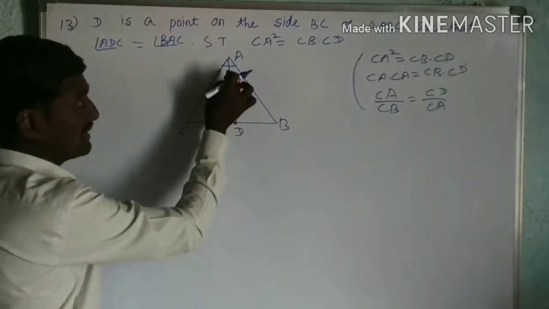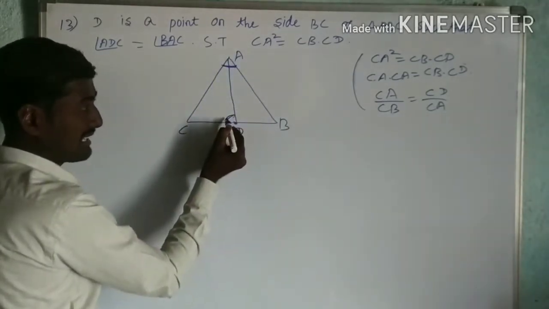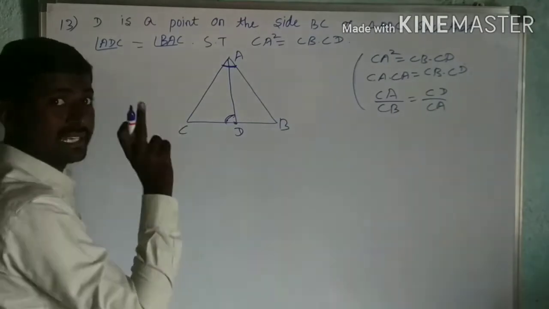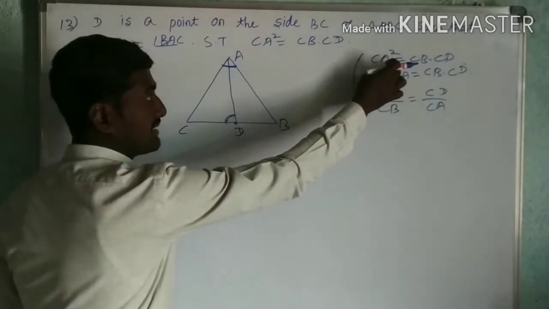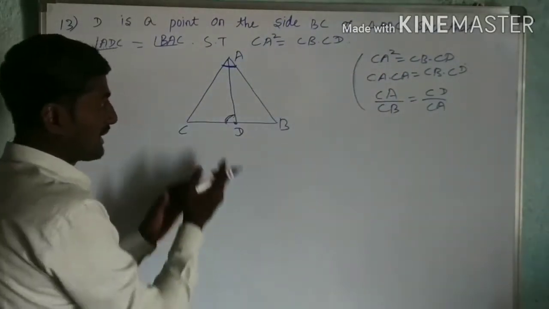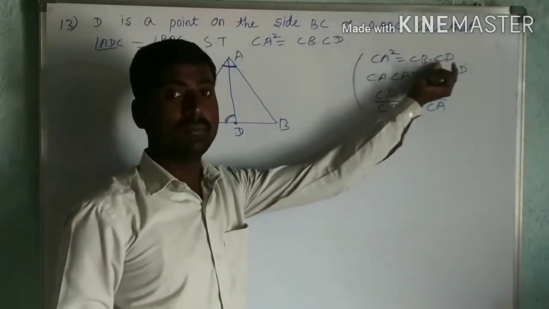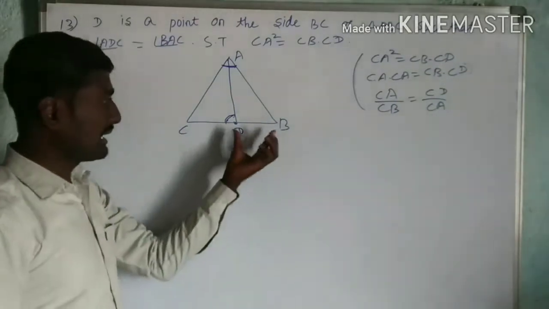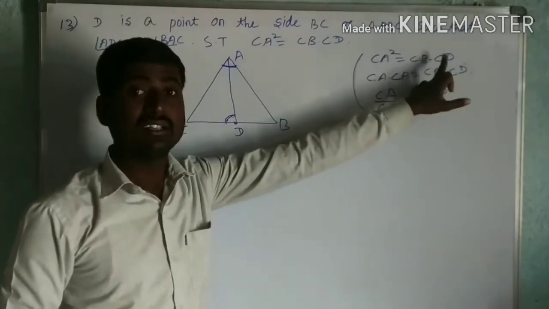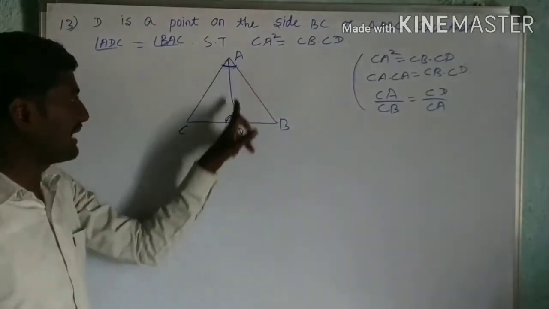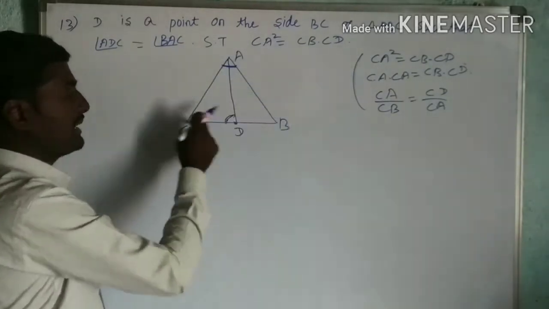They gave a hint: this is an angle in triangle ABC, and this is an angle in triangle ADC. Maybe ABC and ADC are similar, then automatically I can get this condition. If you take ABD instead of ADC, you may not get this, because CB and CD: in triangle ADB you are not getting the side CD. Side CD is in triangle ADC, so we have to take triangle ADC and ABC.